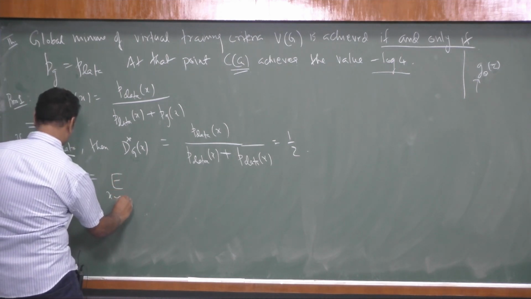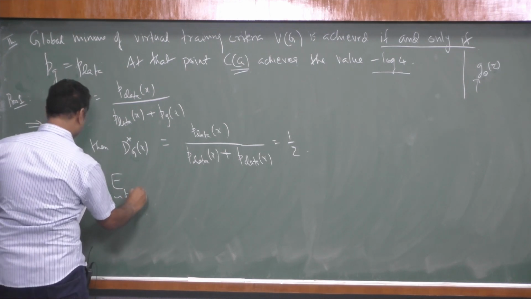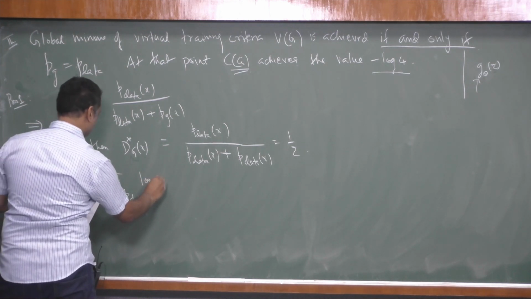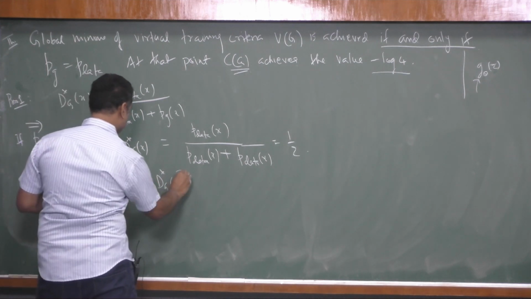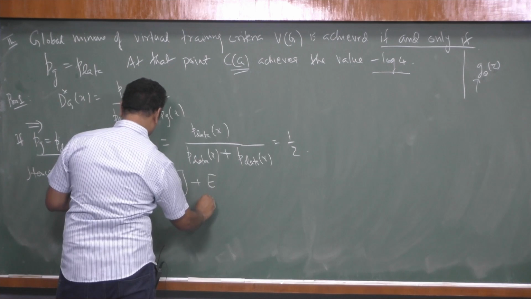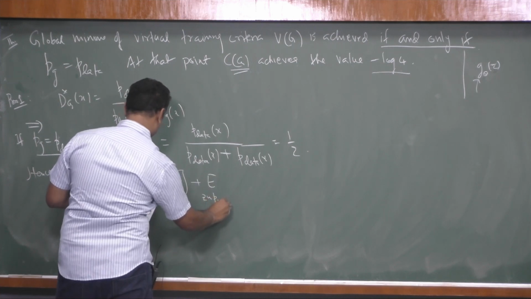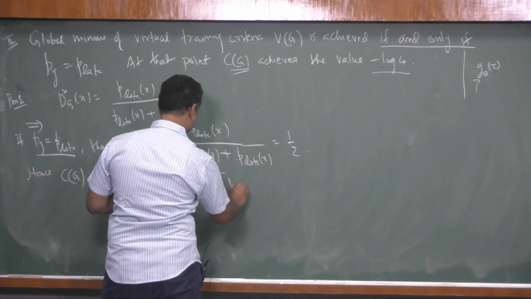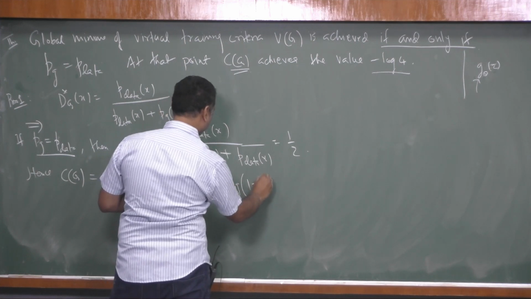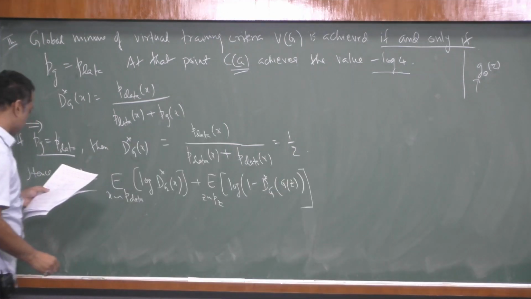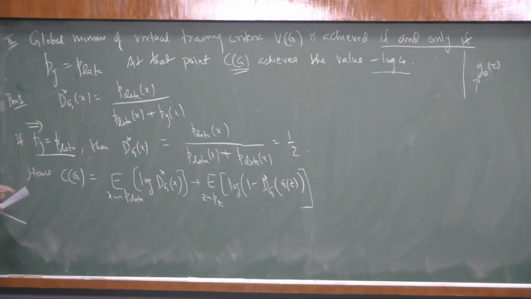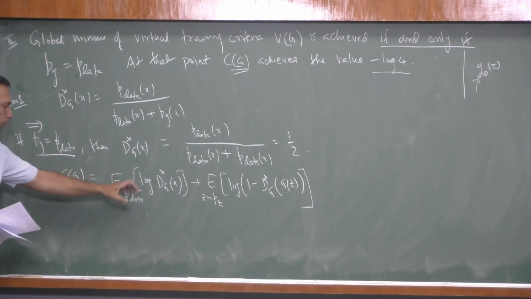is expectation over x from P data of log of D star of x, plus expectation over z from pz of log of 1 minus D star of G of z. So since I know that in this case PG equals P data, CG is, I have just written the definition of CG for the moment.